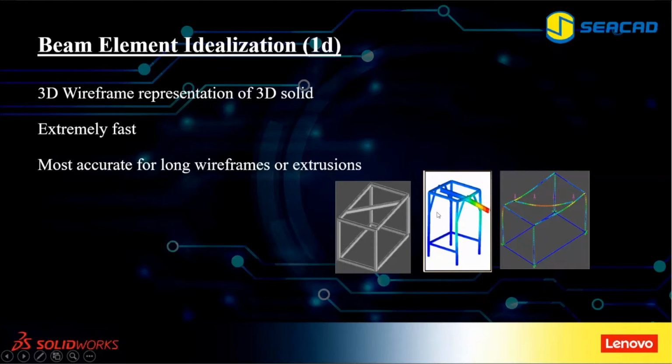This can be extremely fast, and sometimes it is more accurate than the solid element for long wireframe geometry design. The reason why we use the beam element is that it is quite a bit faster than the solid element to run the simulation if the result is similar.